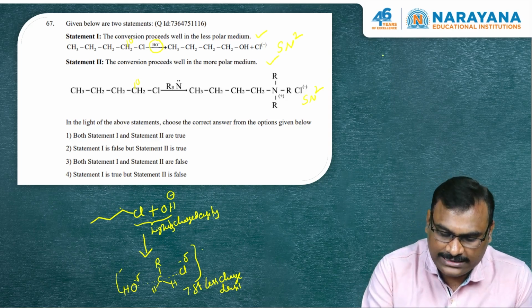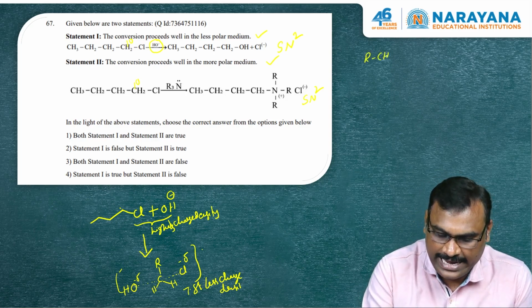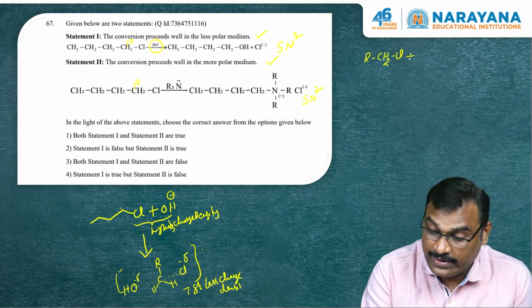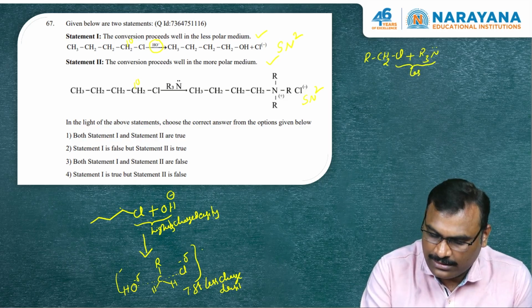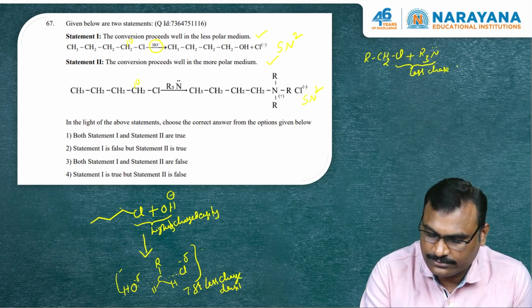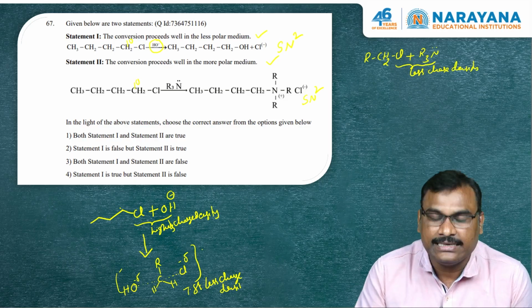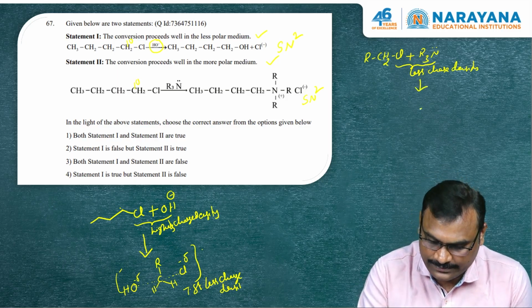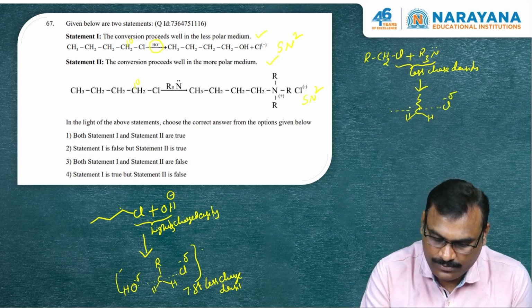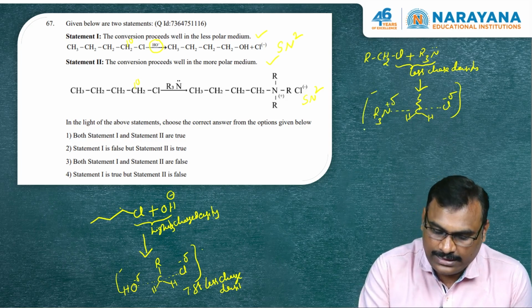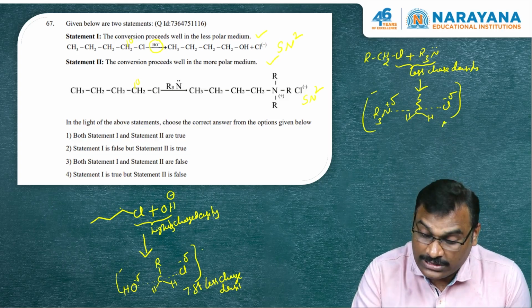If you go for the second reaction, that is again N-butyl chloride when treated with triethylamine, here the reactants have less charge density, and in the transition state, high charge density is present.